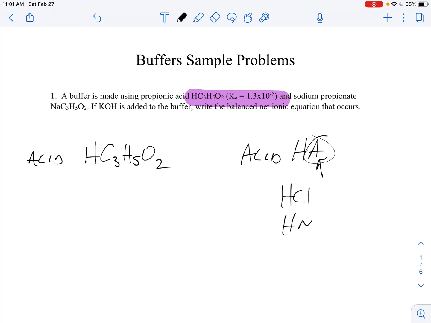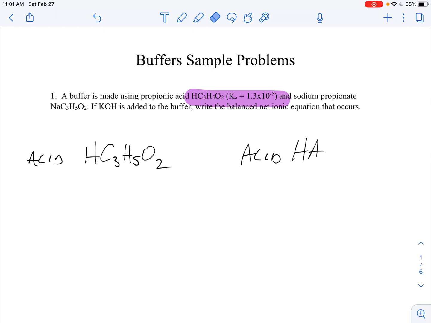I mean, we're used to seeing HCl, HNO3, and those are fairly straightforward acid formulas, but really it could be anything. And when you start to get into the organic world with all sorts of carbons and hydrogens and oxygens in there, and nitrogens as well, things start to get a little scary looking, but don't be overwhelmed by it. It's just a scary looking formula, all right?